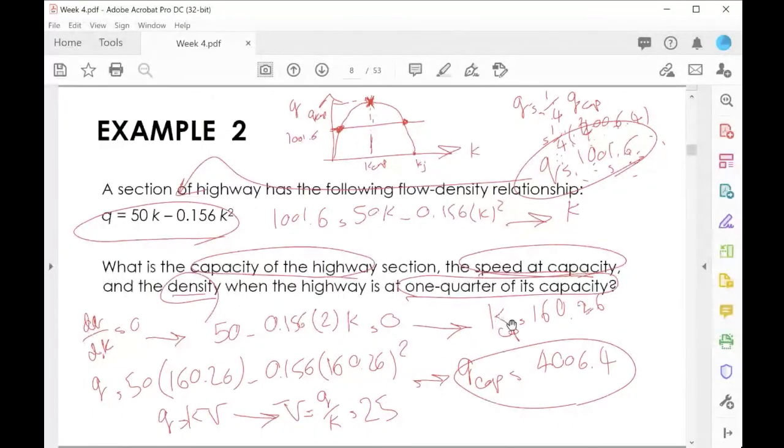If I go back to my slides, what is jam density here? If the density at capacity is 160.26, jam density would be double the K at capacity, right? So we just need to multiply 160.26 by 2. So jam density Kj would be equal to 320, right?